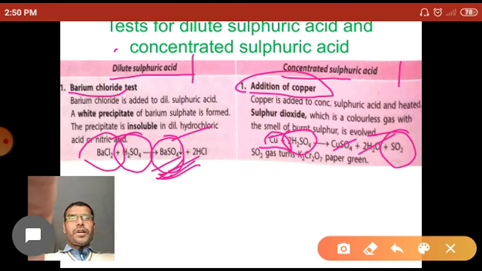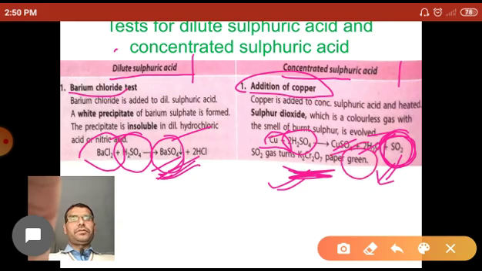This sulfur dioxide is a colorless gas with a smell of burnt sulfur, and it can also be detected by passing the sulfur dioxide gas through the orange color of potassium dichromate, K2Cr2O7, and the orange color of the potassium dichromate finally changes into green.